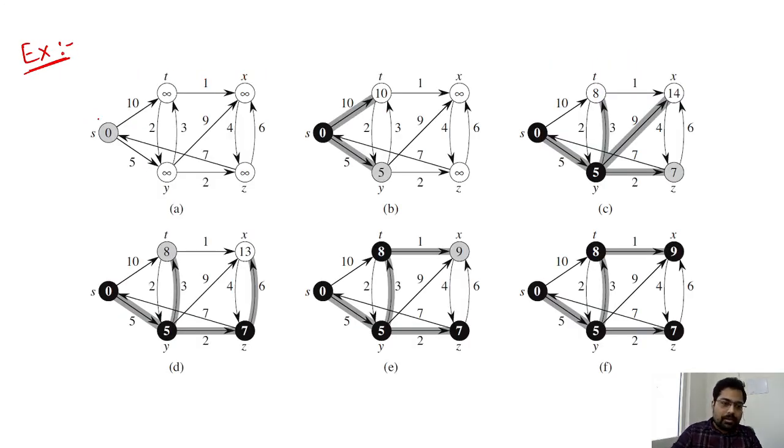Why? Because source to source means wherever you are standing, you are standing there, so no distance is covered. That's why we say it's 0.